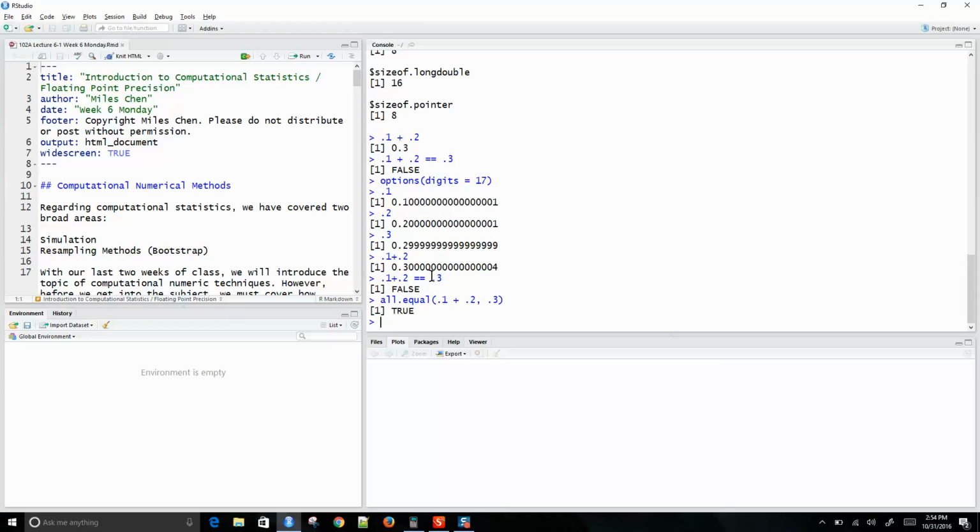In math, you can multiply things out of order, add and subtract things in different orders, and it doesn't matter. In computers, the operations you do actually do matter because it throws certain things off. We'll talk a little bit more about this, but it's important to remember that computer numbers are different from real numbers.